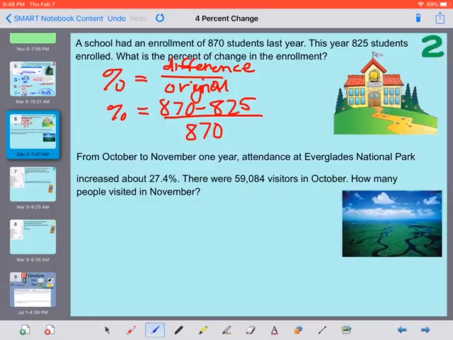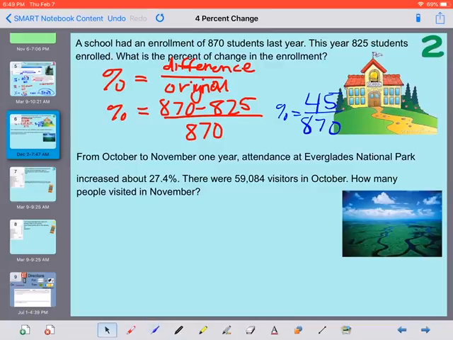So 870 minus 825 is 45 students. So the population only changed 45 students out of a total of 870. If we divide that, that'll give us our percent as a decimal.